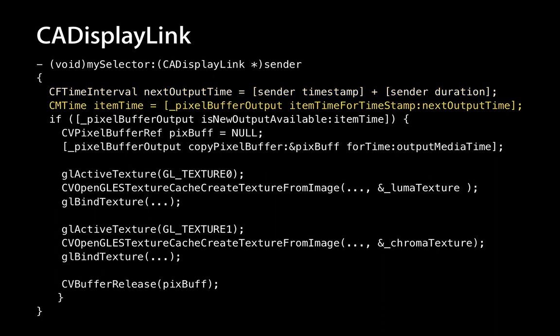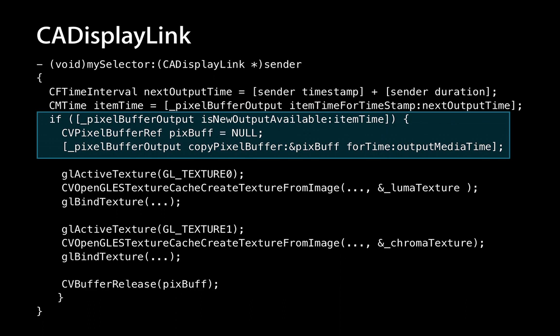Then we ask our AV Player item output the standard questions. Do the calculation from host time into item time. Once we've done the calculation, is there a new pixel buffer that I haven't seen yet for that item time? If there is, well, let me have it. I want to pull the next pixel buffer by calling copy pixel buffer and optionally receive the display deadline.